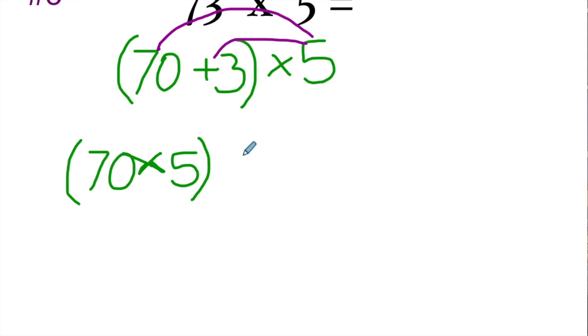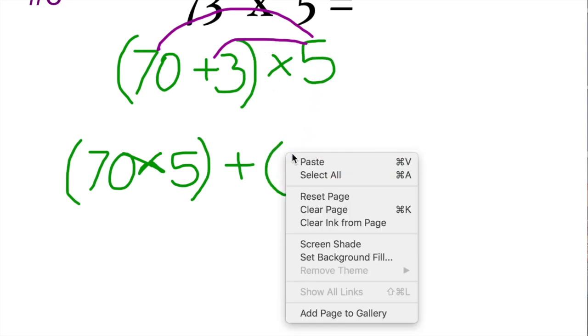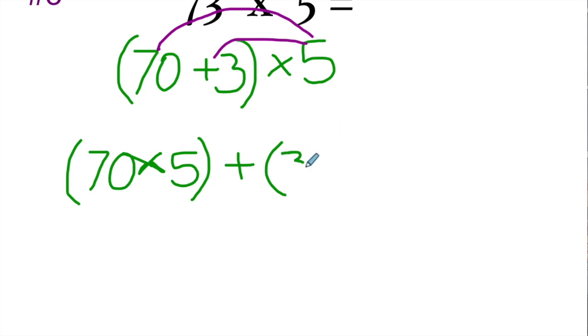Just like it was 70 plus 3, we're still going to add that to the next multiplication problem, where we distributed the 5 to the 3. 3 times 5.